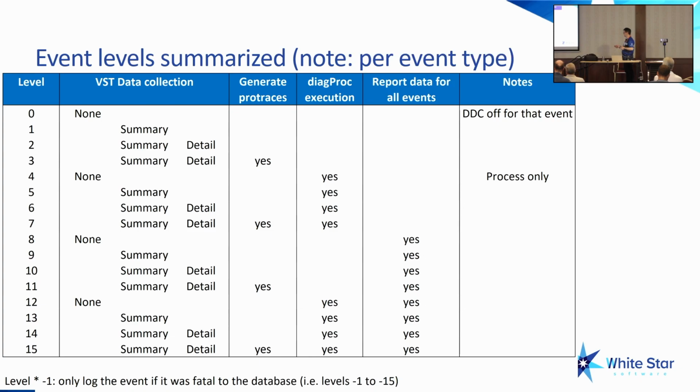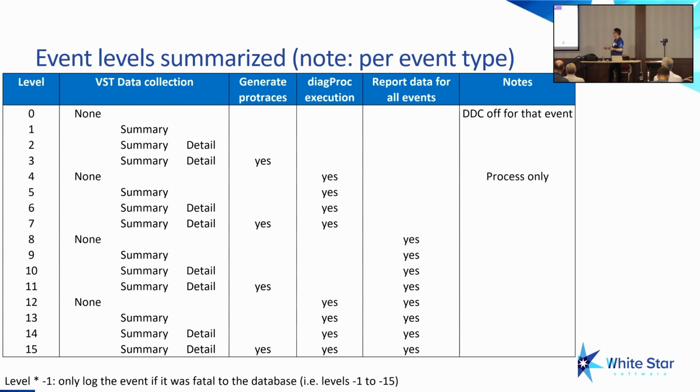So for each of those combinations, you can either execute a process if it exists or don't. And then, as I said, there's the option of reporting data for all 3 events when any one of the 3 events fires.